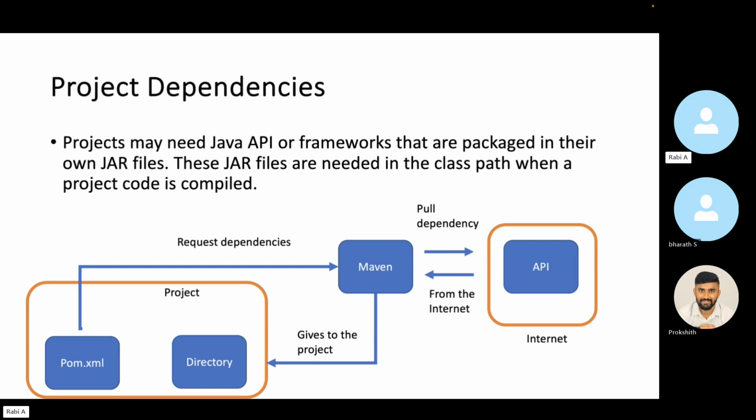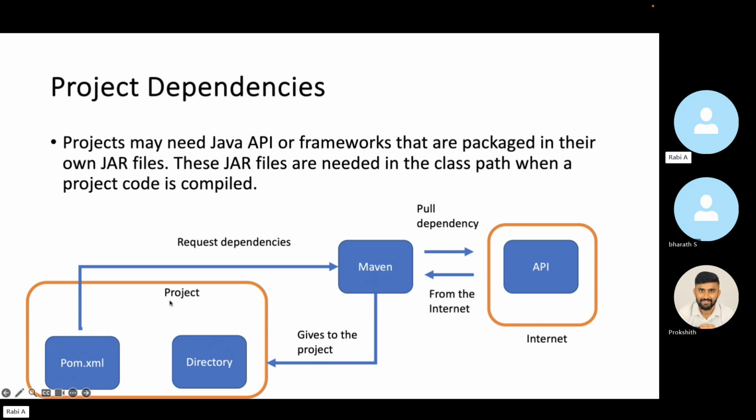So let's talk about your dependencies. The project that you're working on may need certain dependencies, which can be Java APIs or frameworks that are packaged in their own jar files. Now these jar files are needed in the class path when the project code is compiled. So let's say this is our project where we have the application code.